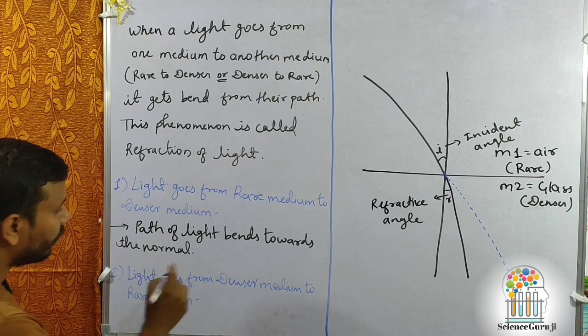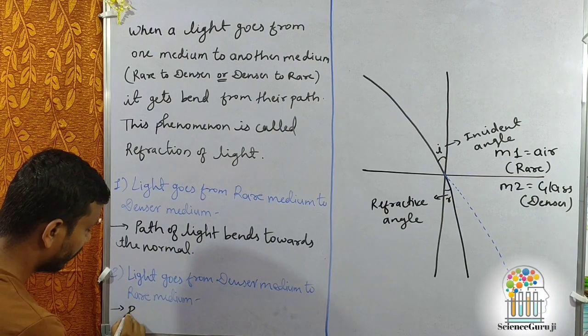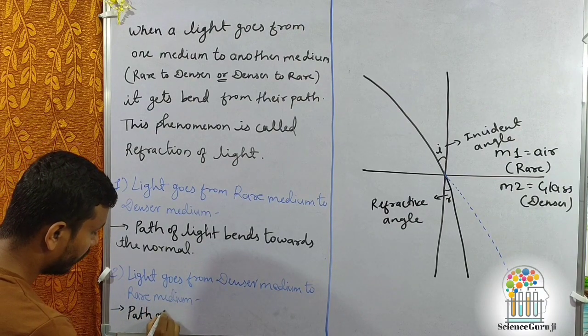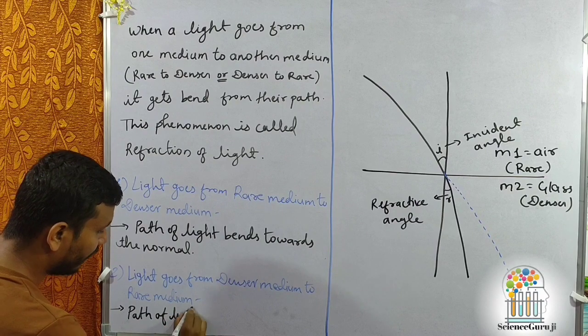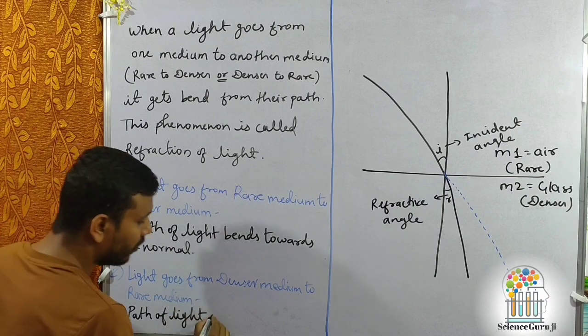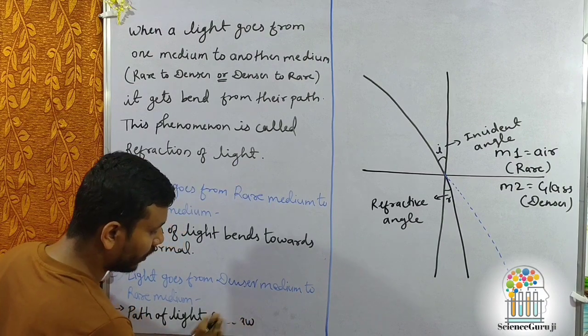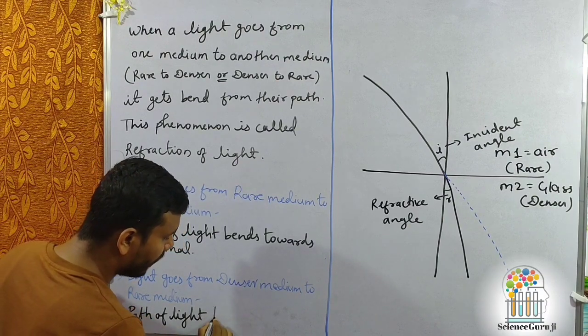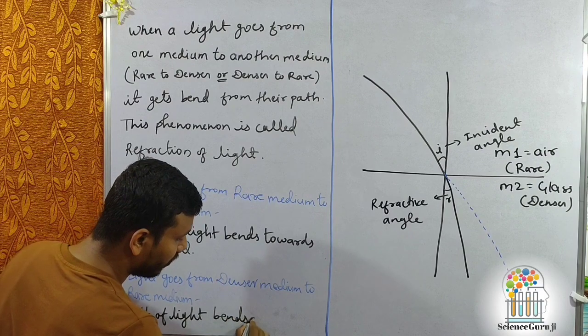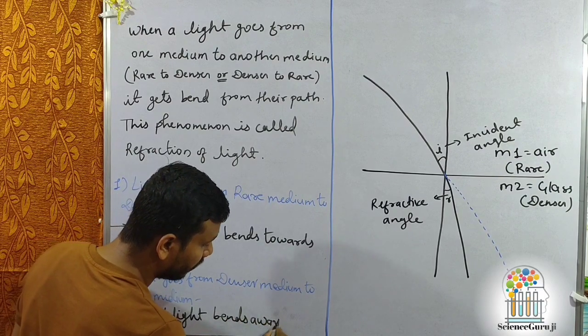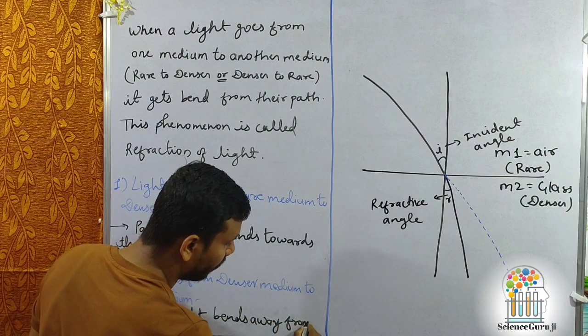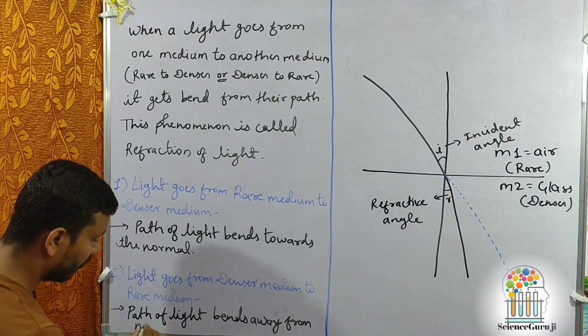Then the path of light bends away from the normal.